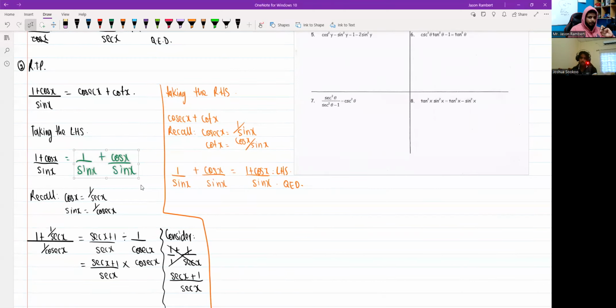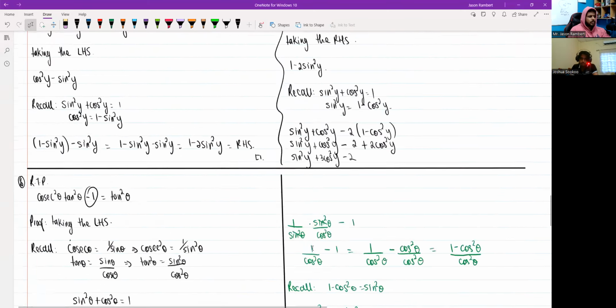My end result down here is supposed to be the right-hand side, and my end result down here is supposed to be the left-hand side. Correct? So if I reach here and here and have the same line, I can completely prove it by putting everything previous to be next. You understand? Yeah.